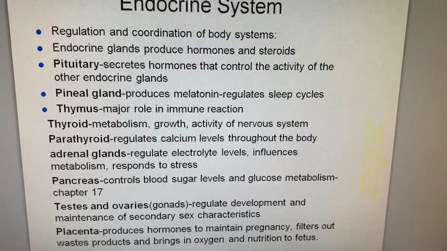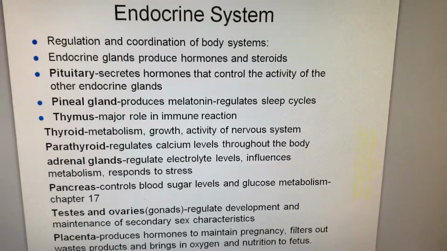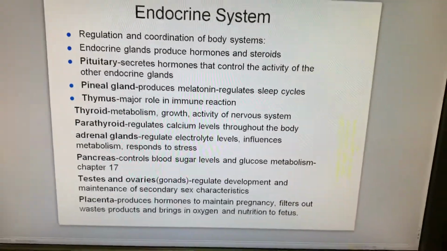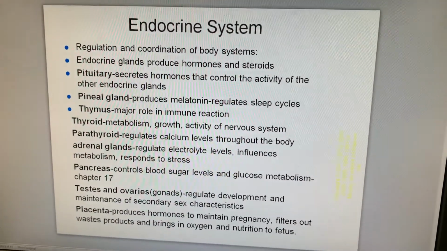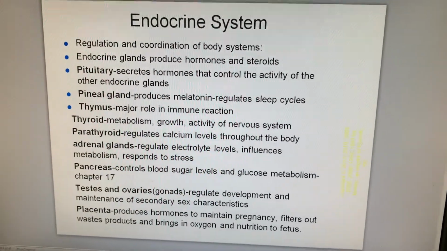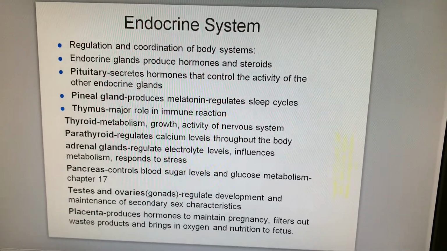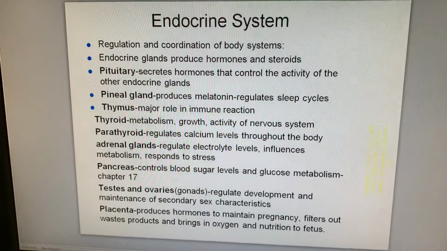So these are just a quick rundown of what we'll be talking about for the most part. So, of course, the pituitary gland is the biggest deal because it's known as the, what kind of gland? Yes, master gland, and it controls all the other ones.